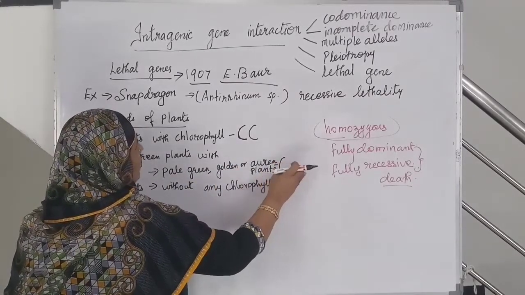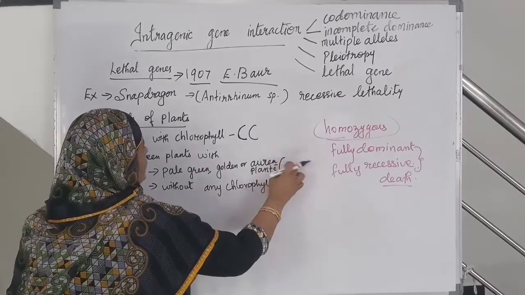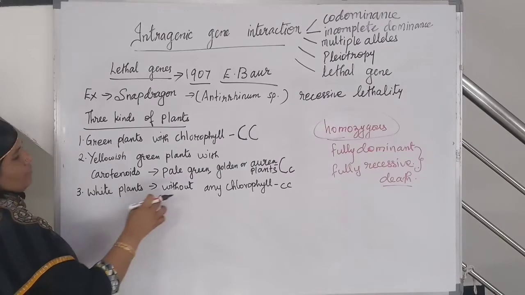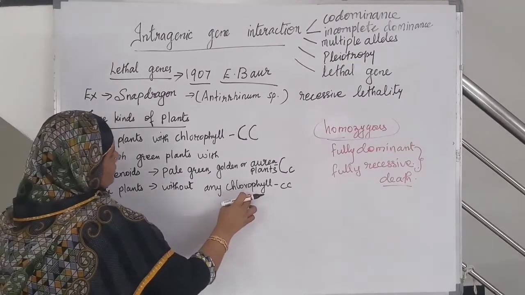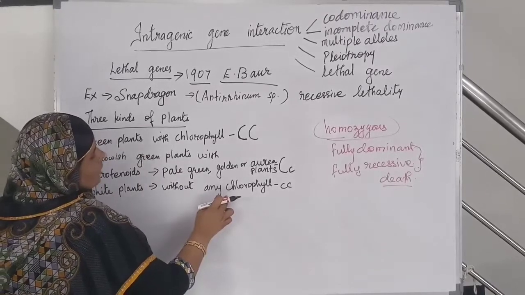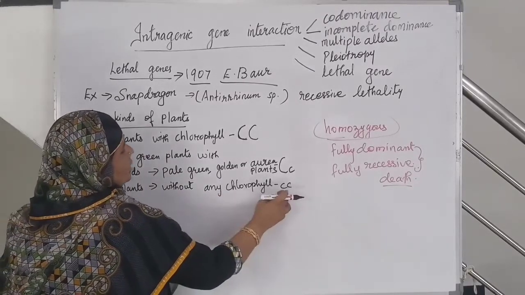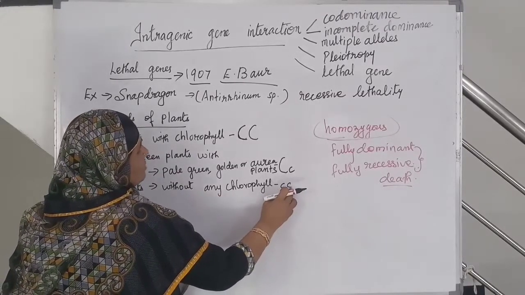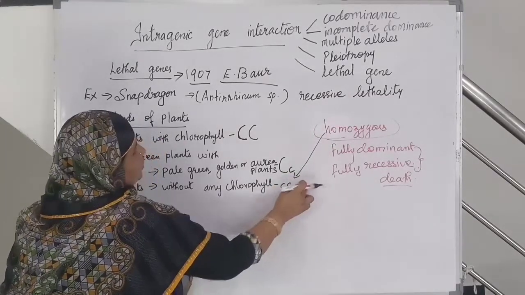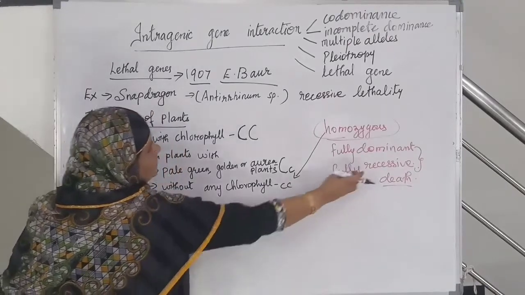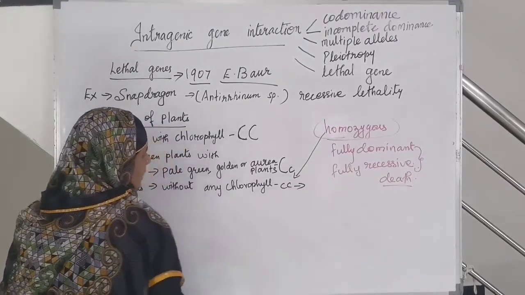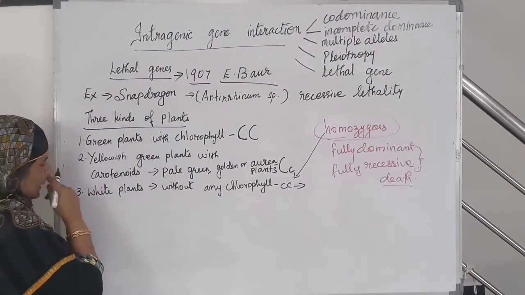The genotype is capital C and small c. The white plants are produced without any chlorophyll. Their genotype will be small c, small c. Here, this is in homozygous condition, fully recessive, so it causes the lethal effect in the plant.